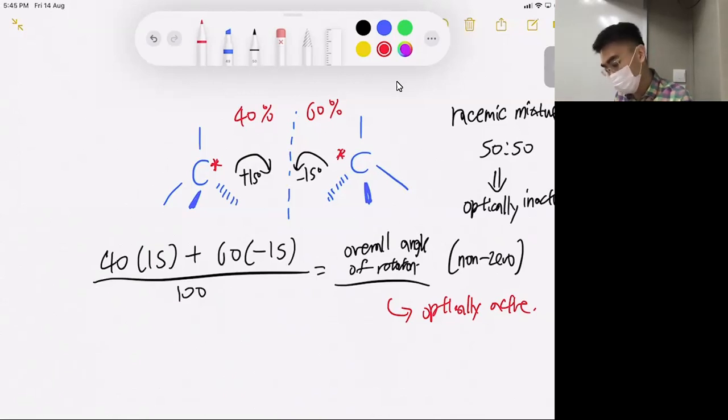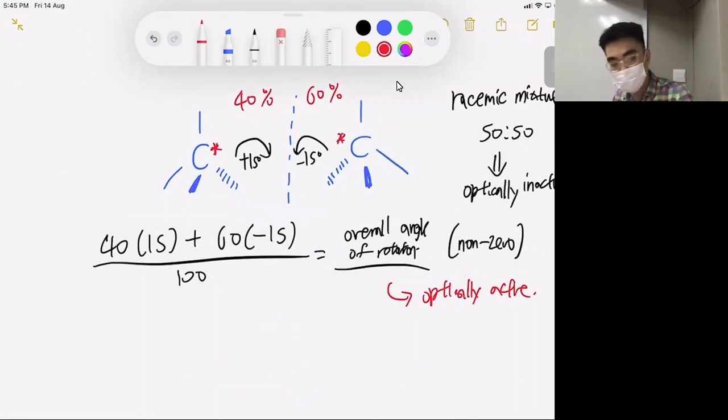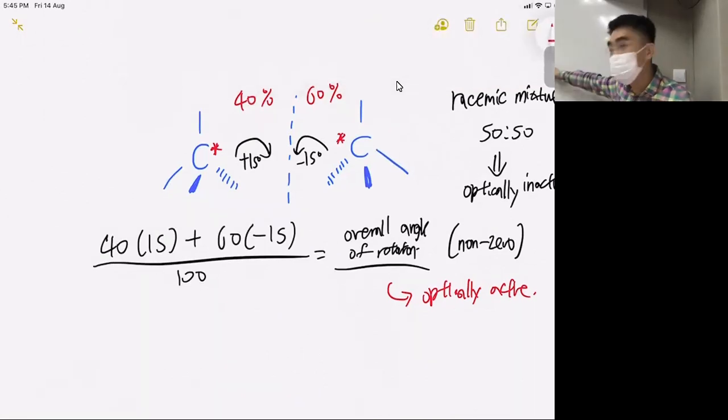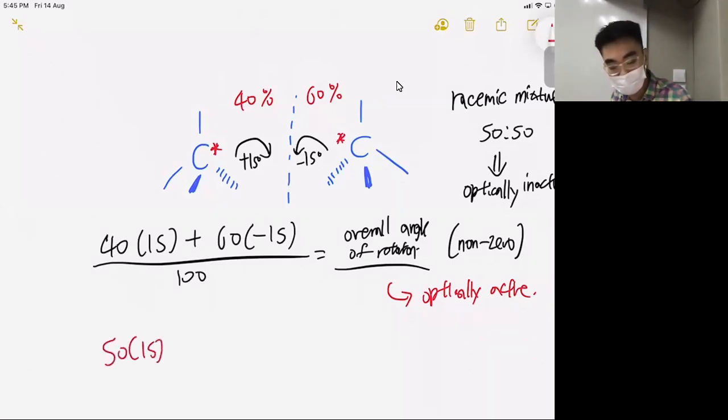If not, you can move on to part C and see whether you can solve for it. I will give some gentle reminders of part C. Also, as long as it's positive or negative, it doesn't matter, because it's still an angle of rotation. If you calculate, this will be non-zero, whereas for the 50-50 case, it will cancel.